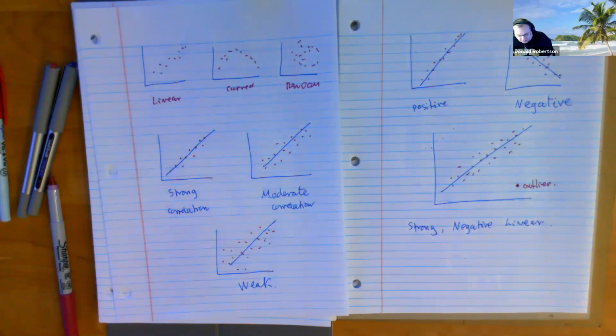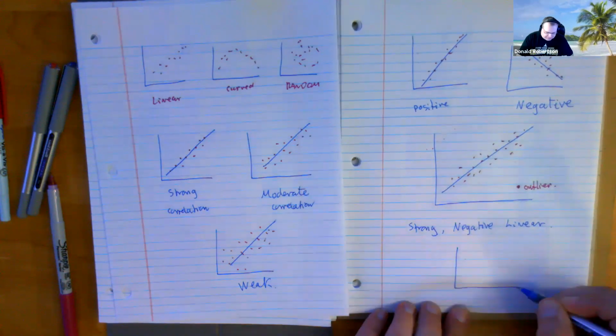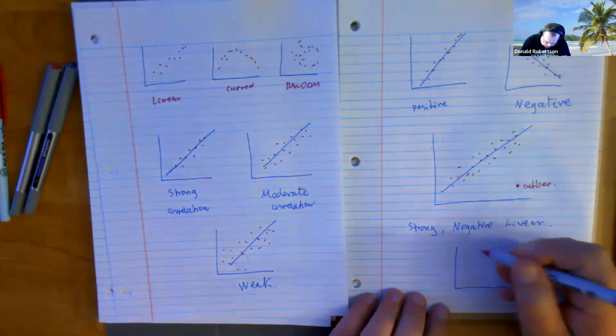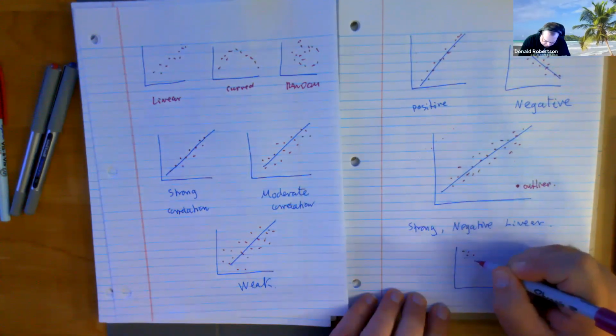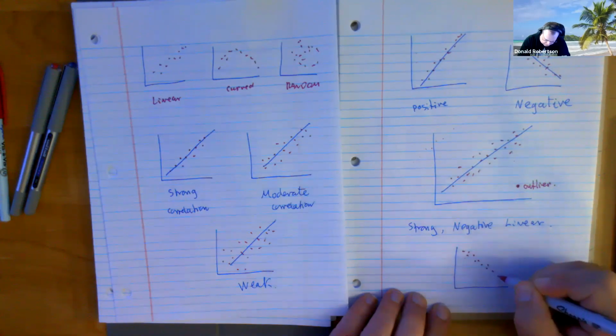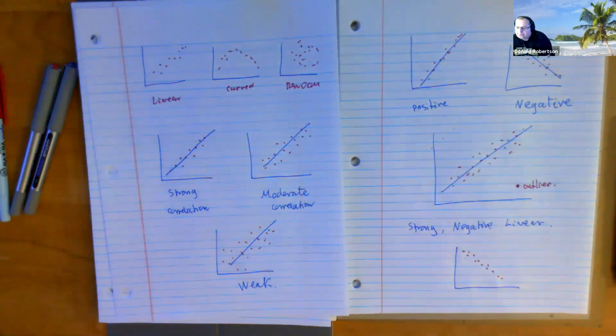I'm just giving you three words. It's strong, it's negative, and it's linear. Wouldn't it probably look like that guy? That makes sense?